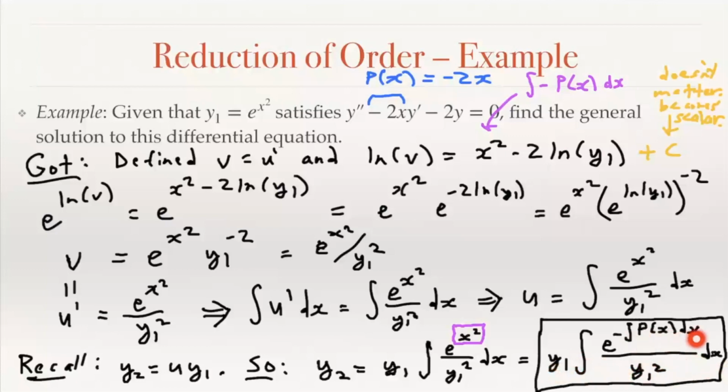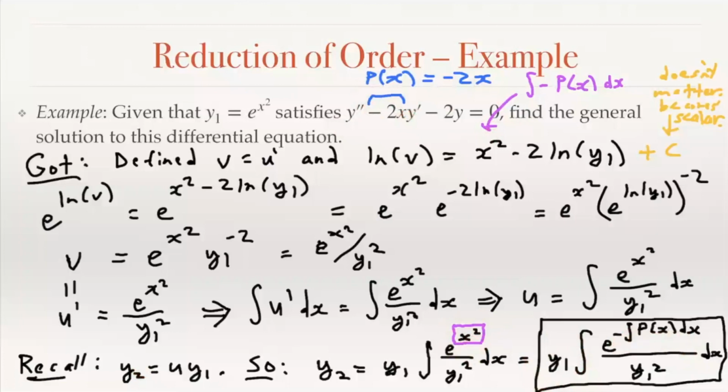Yes, this is an integral and an exponent inside of an integral. That's what it is. And that is our general formula, in fact, for another linearly independent solution, y2, given a solution y1 of a differential equation where the middle coefficient is p of x. In this case, that was negative 2x, and that x squared there was the integral of negative 2x dx.